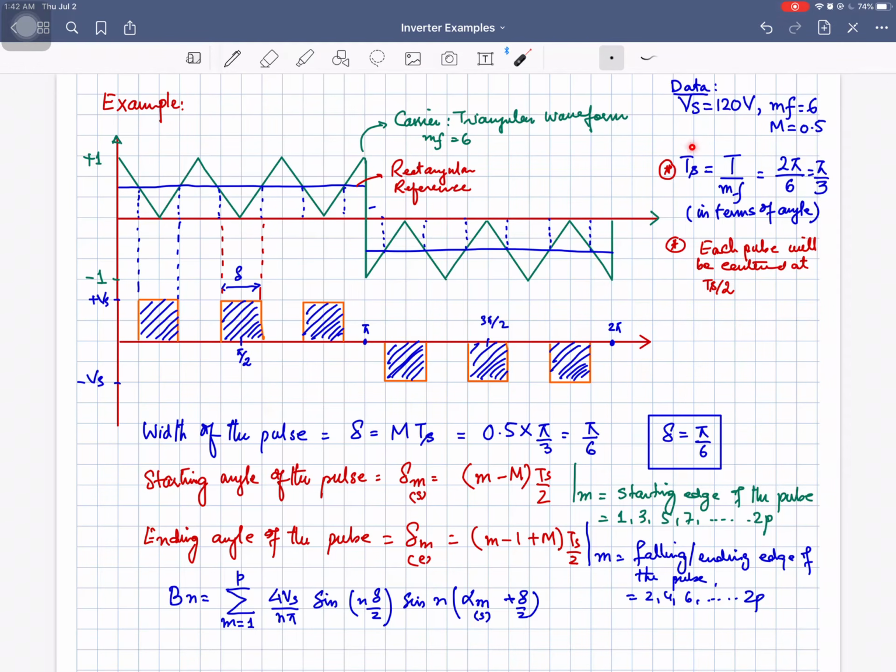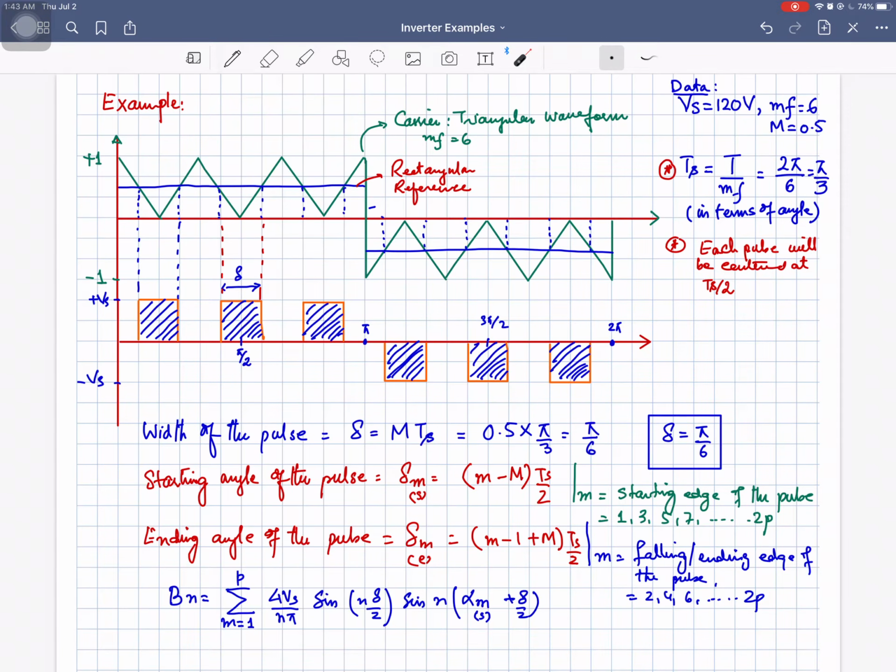That can be calculated with the help of this expression: Ts is equal to T divided by MF, where T is the time period of the reference waveform, and MF is the number of pulses per cycle of the reference. So 6 pulses are there in one reference cycle, and the total time period in terms of angle is 2 pi. So pi by 3 is the switching interval in terms of angle.